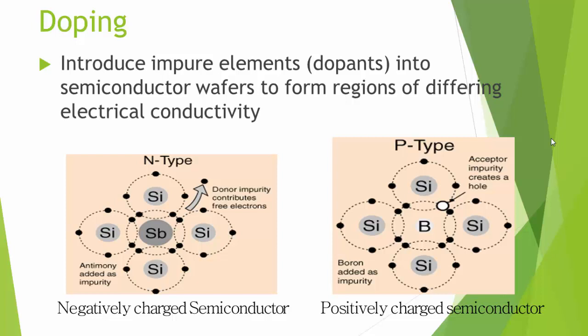So we can have negatively charged semiconductors or N-type semiconductors where that impurity will contribute a free electron if we put a little energy in to get it off. And we can have positively charged semiconductors where there's what's called a hole, a place for an electron to be. And that has, no great surprise, a positive charge instead of negative.